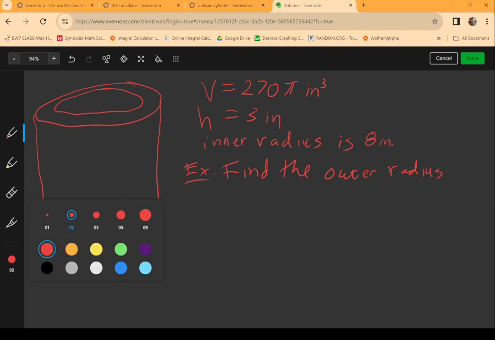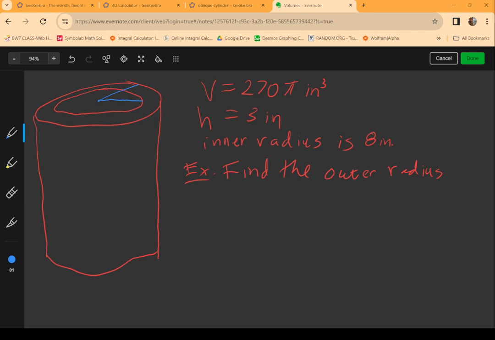Looking at our figure, let's use a different color here. The inner radius we'll define as the first one that we hit, whatever we're cutting out here, and then the outer radius would be all the way to the edge. I'll call this RI for inner, and then RO for outer.